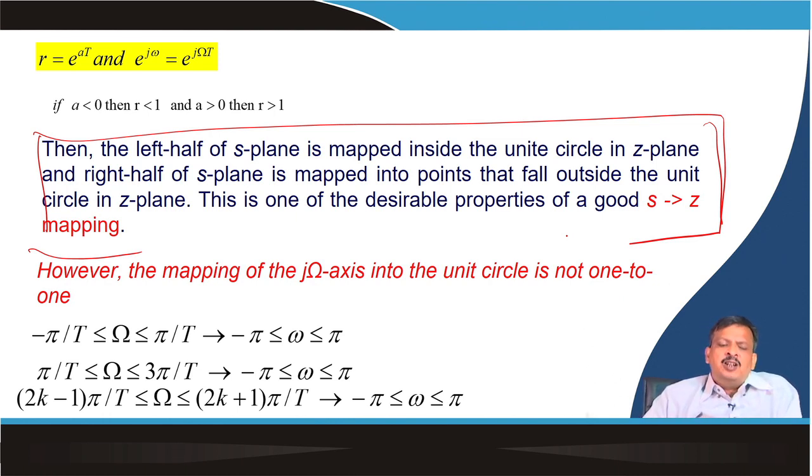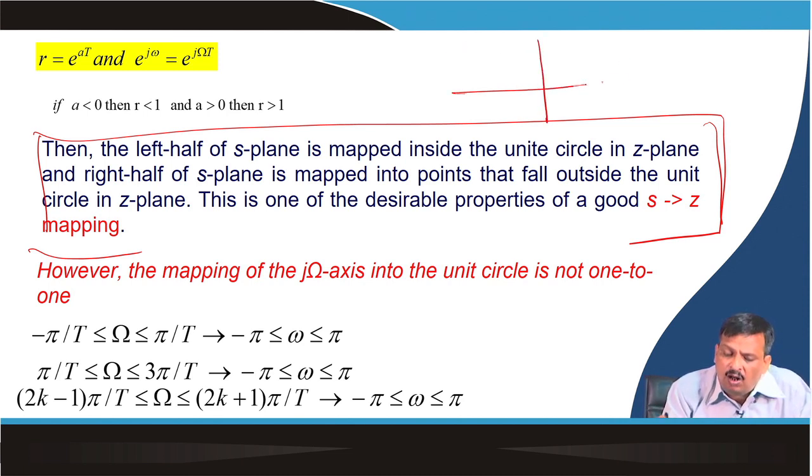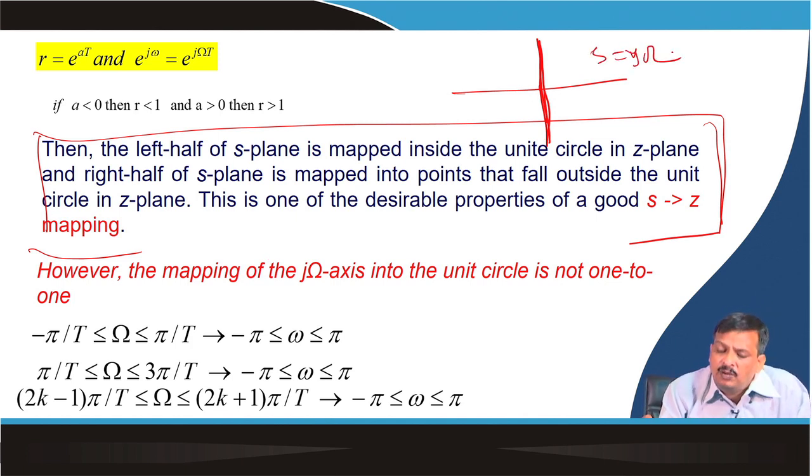Now, how do I map the j omega axis? What is the meaning of this? Suppose all my poles are on the j omega axis. That means S is equal to j omega. Then how will this map to Z plane?